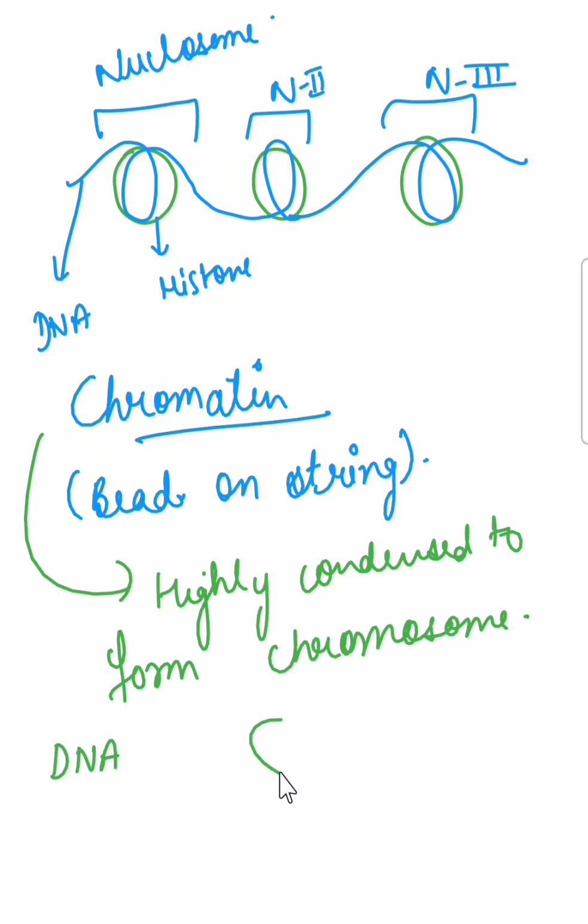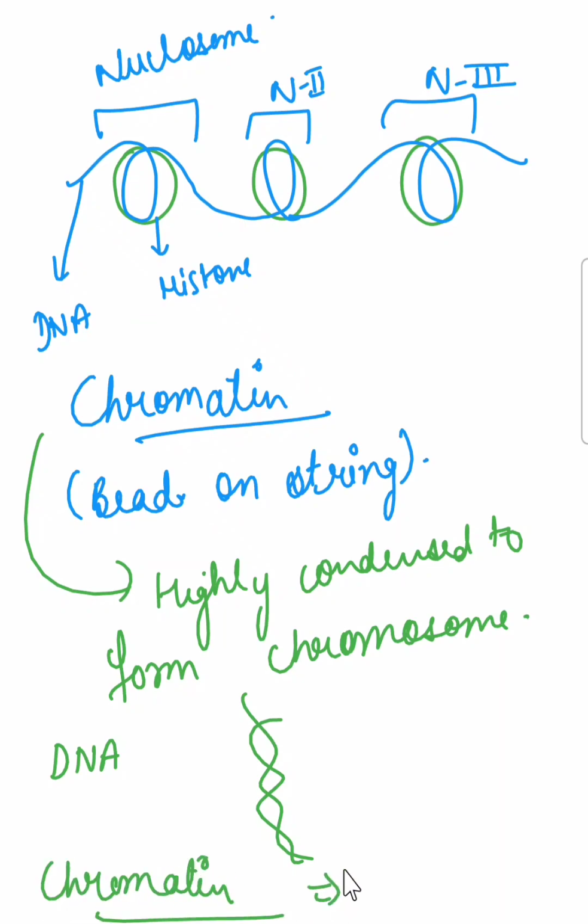DNA is a singly or double helical structure. Chromatin consists of DNA plus protein, specifically histone protein, and it condenses to form chromosome, fine, during the cell division. Is it clear?